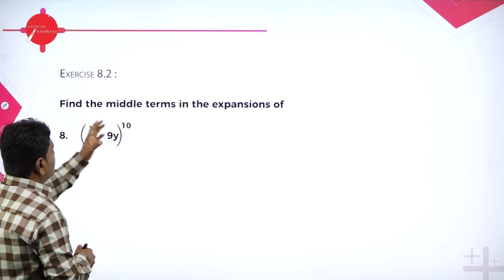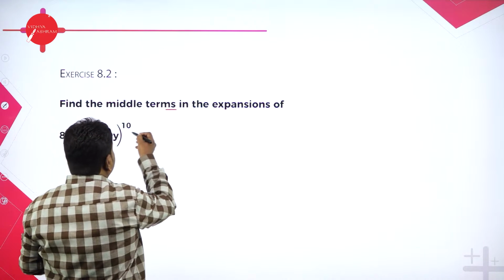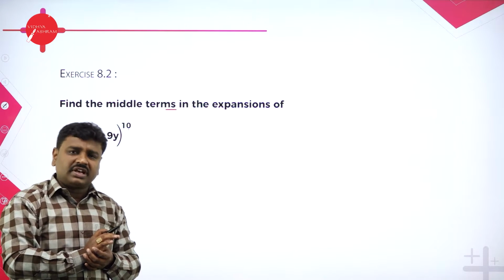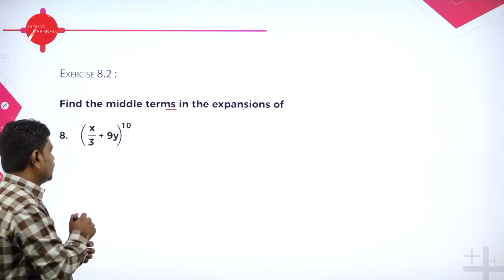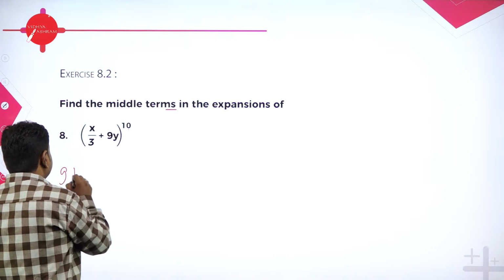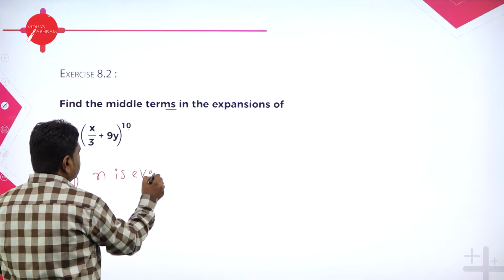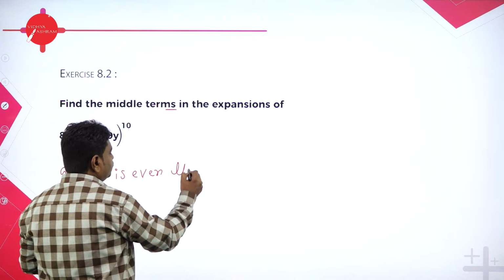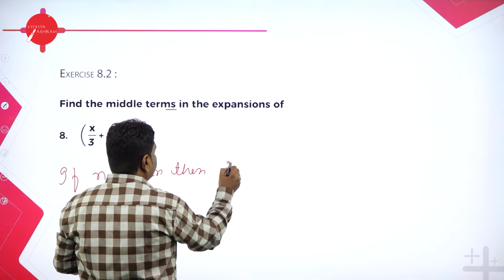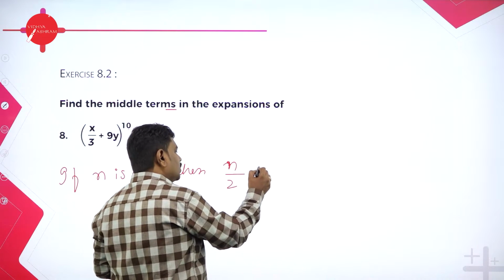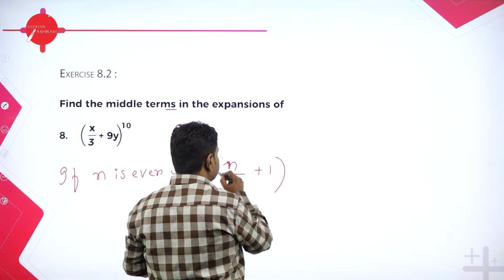Now find the middle terms in the expansion of power 10. See, power 10 means even number. If n is even, we'll have only one middle term. If n is even, then n by 2 plus 1th term is the middle term.